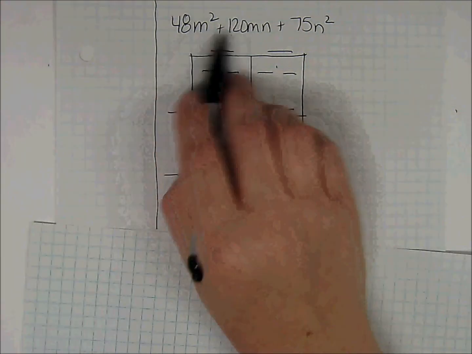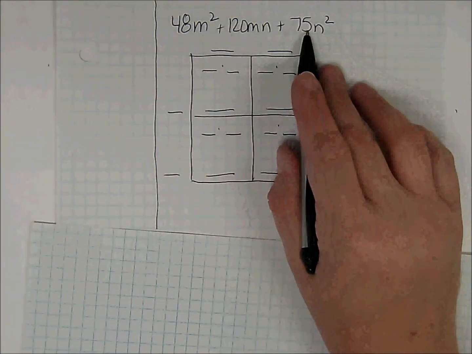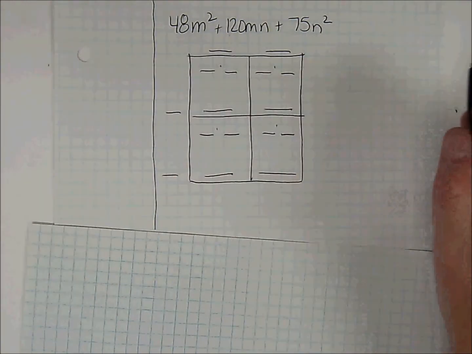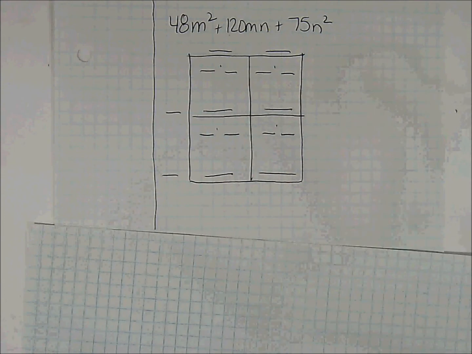Well, we can't take 2 out because these two we could divide by 2, not this one. Can't take 5 out and divide these two by 5, but not this one. But will 3 work?